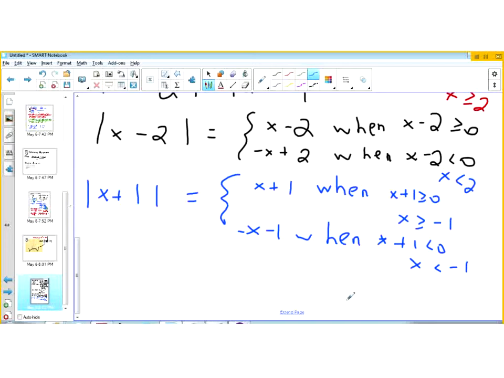So now, to reformulate the function into one without absolute value, we have to consider intervals where x is less than negative 1, where x is between negative 1 and 2, and where x is greater than 2. So here's what we do.